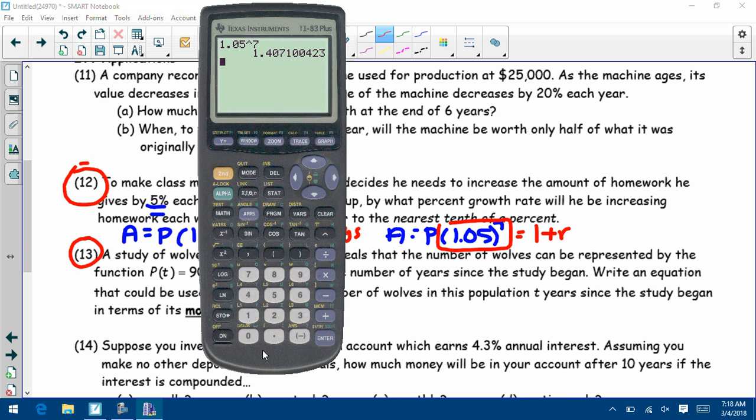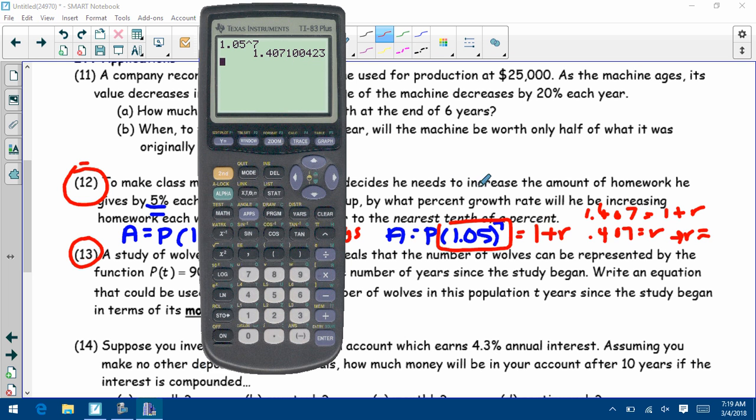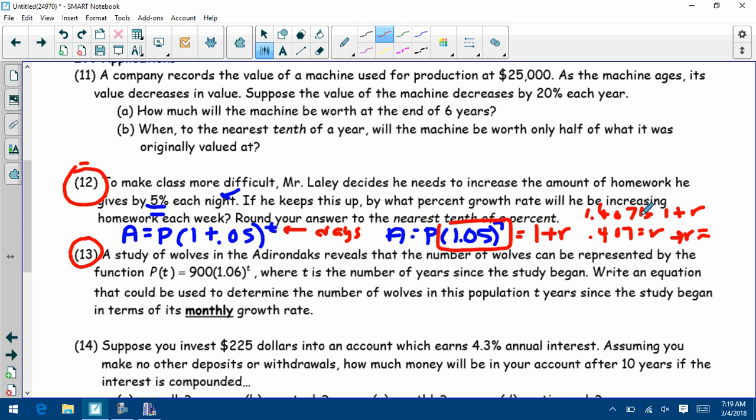So I'd have 1.407 equals 1 plus R. Subtract the 1, we'll have 0.407 equals R. So that means my weekly rate is 40.7 to the nearest tenth of a percent. Oops, I better check, make sure it's nearest tenth. Yep, it's 7.1. So if you want to put a 1 there, you can. That's a 40.7% rate.